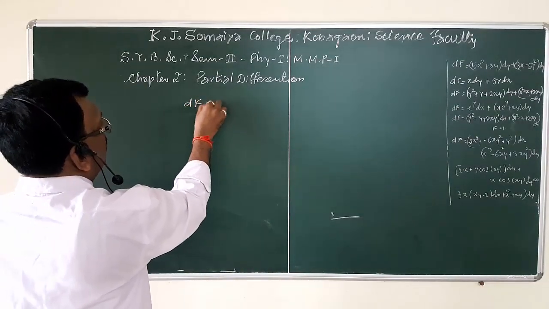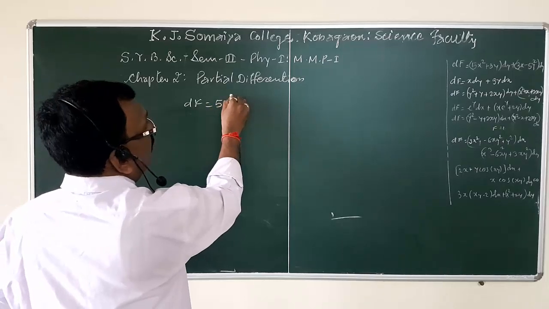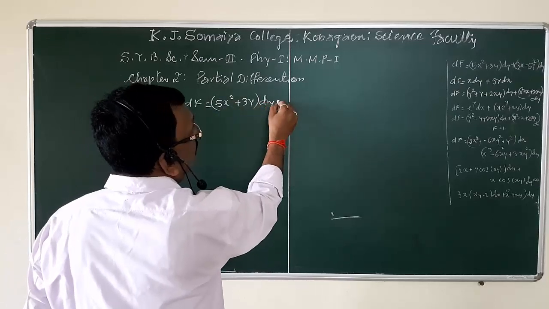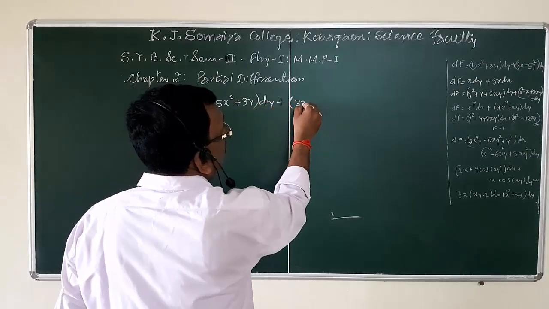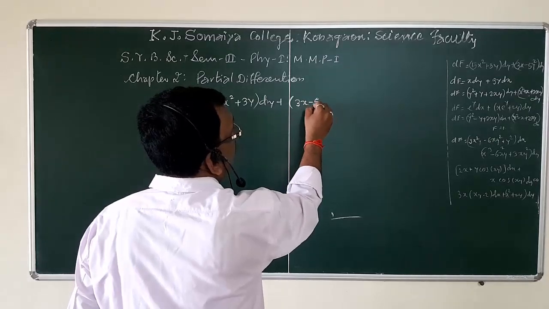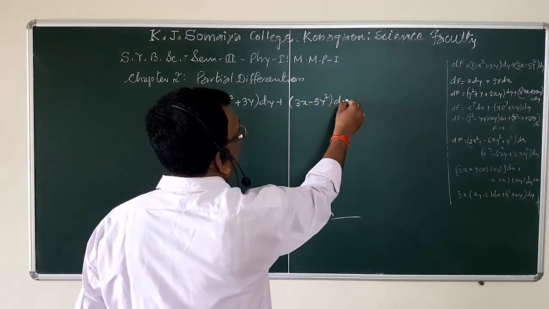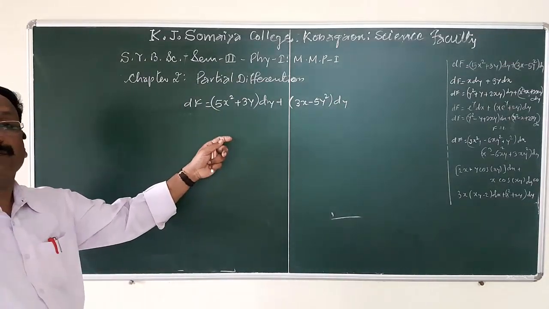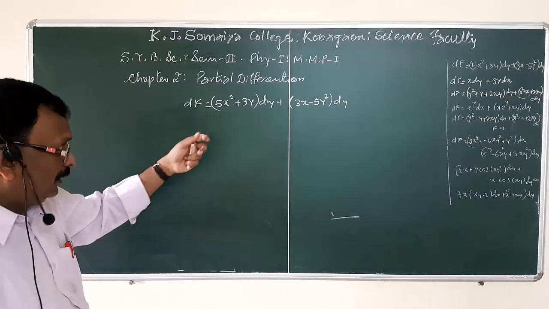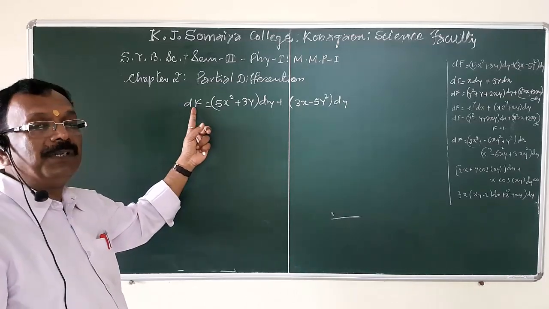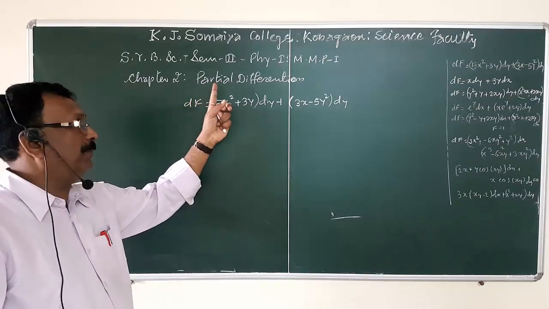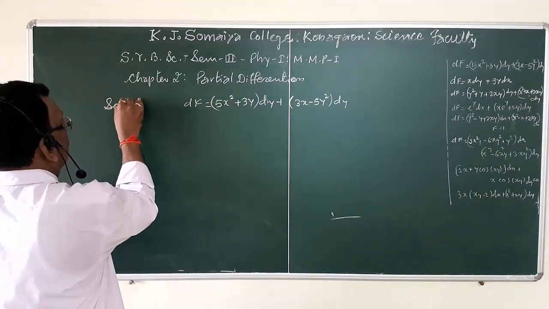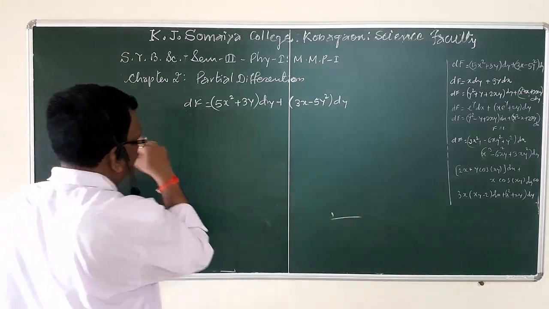df is equal to 5x square plus 3y dx plus 3x minus 5y square dy. When we solve this problem, we conclude whether the given differential equation is an exact differential or not. Suppose we have given this function as equation 1.